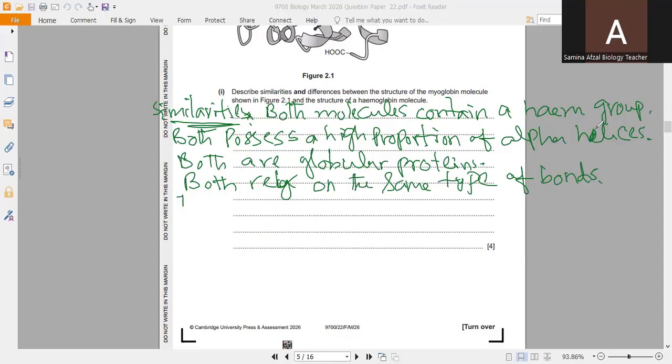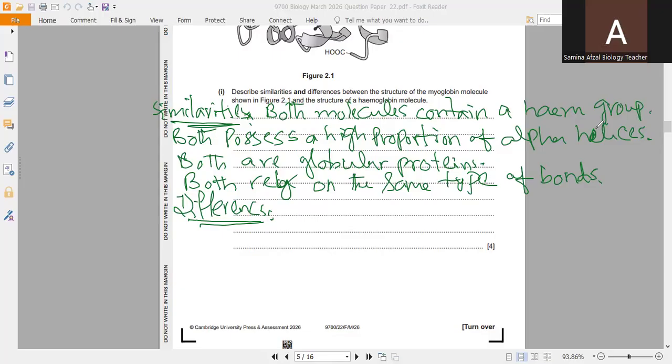Now the differences. These headings are only for your convenience. You are not going to give them in the answer.